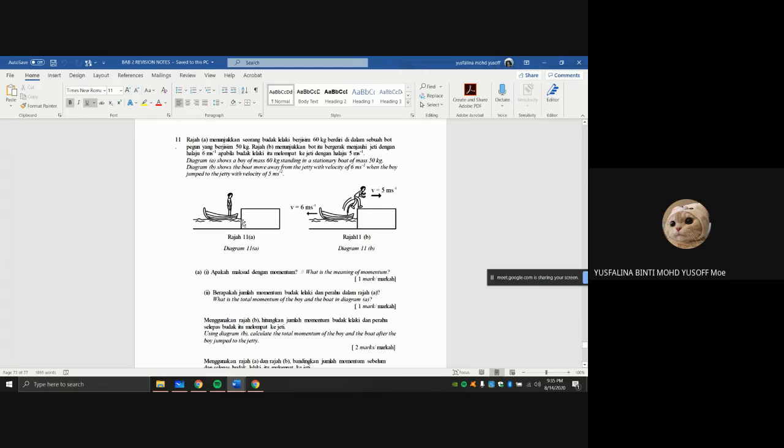Next, calculate the total momentum of the boy and the boat after the boy jumps to the jetty. You have to calculate this one using the formula. First we calculate the momentum of the boy, and then the momentum of the boat, one by one.